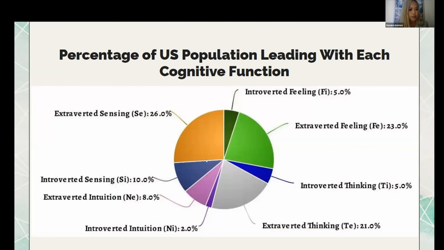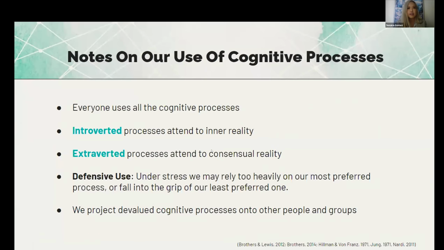Take a look at what research estimates to be the percentage of the US population that primarily uses each cognitive process. This begins to tell us about the potential for people to fall into majority bias or experience minority stress along these lines. Some things to keep in mind as we move forward.